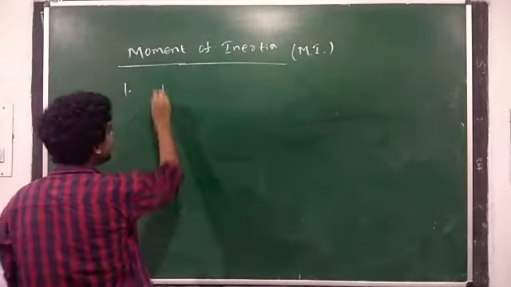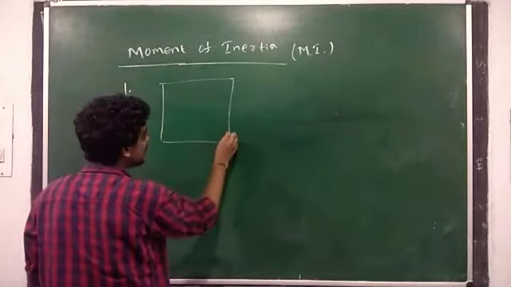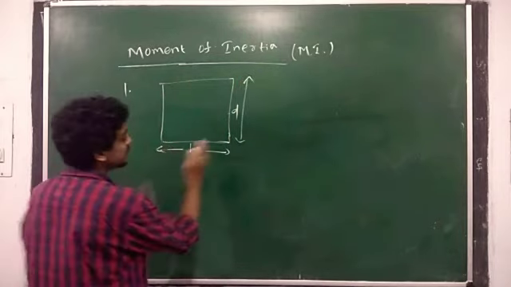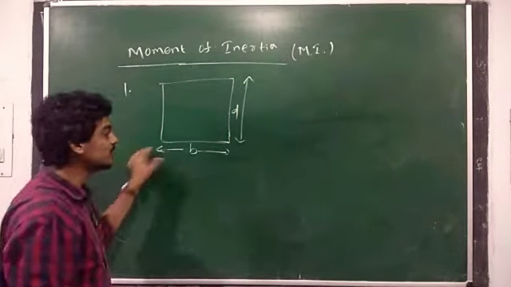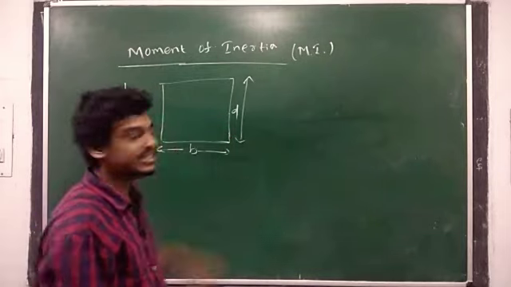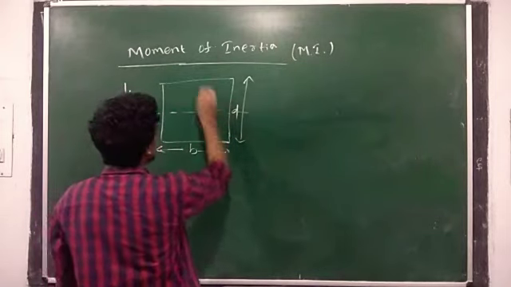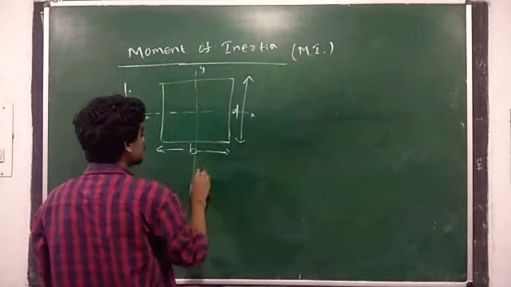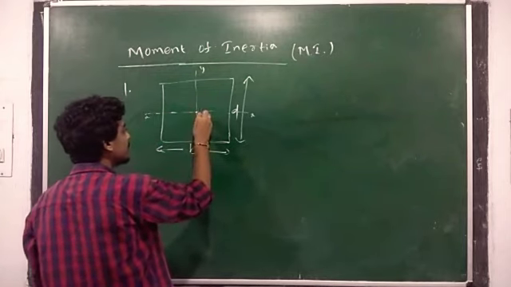We can write the moment of inertia value directly by using these formulas. Suppose this is a rectangular section, the width is b and the depth is d. Suppose this is x direction, this is y direction. This is suppose the center of gravity.